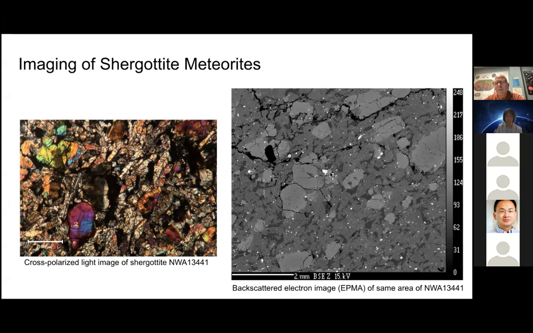So for instance, the very bright spots in the image correspond to mineral grains that have a high average atomic weight, or they're composed of heavier elements. So in this case, these grains are likely composed of iron-rich minerals like oxide minerals or sulfides.